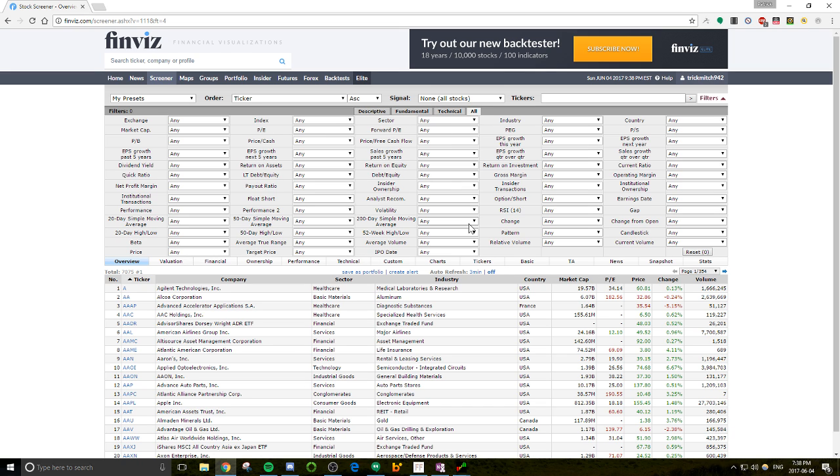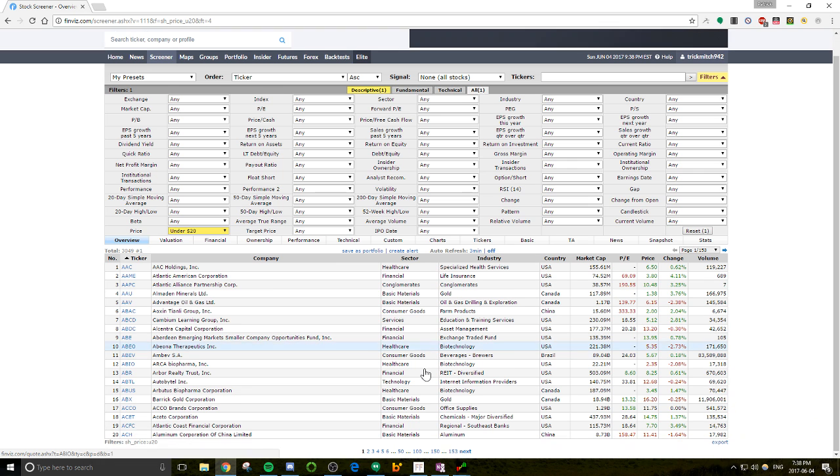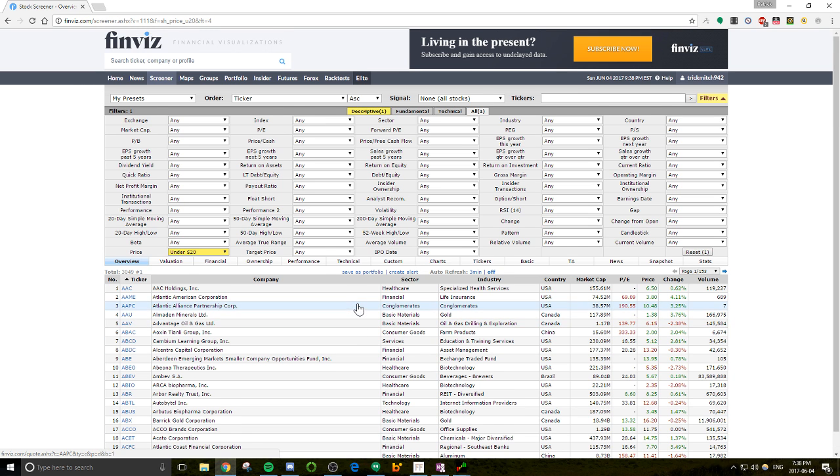Just press the all. So let's start with the price. Most of us will trade stocks $20 and under, let's say, okay? So you put that in, and then it whittles down your list a little bit even more, right? So now we have about 153 different pages. So we want to keep whittling that down. Most of us also play small caps.